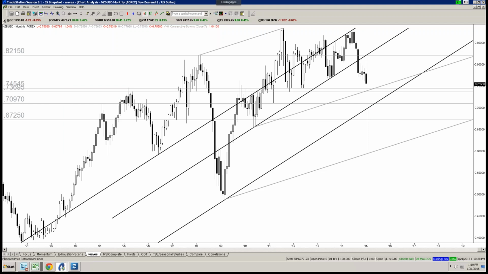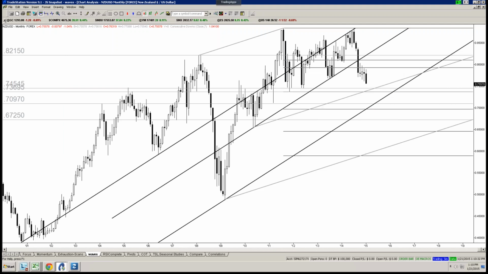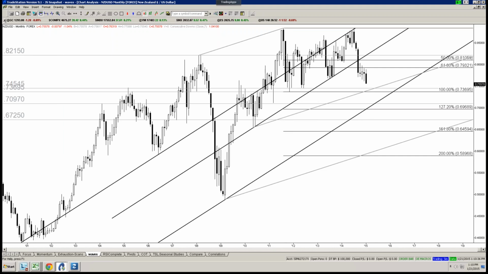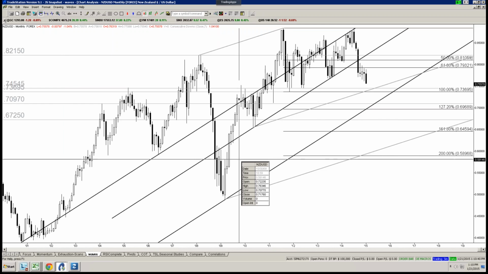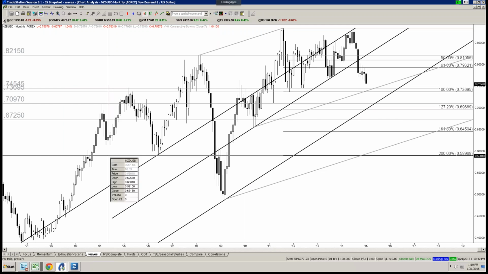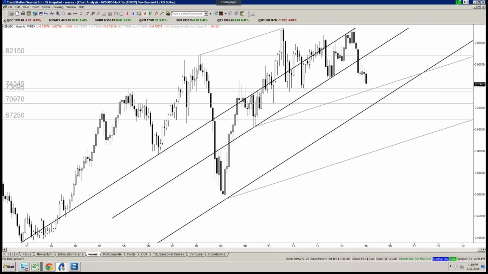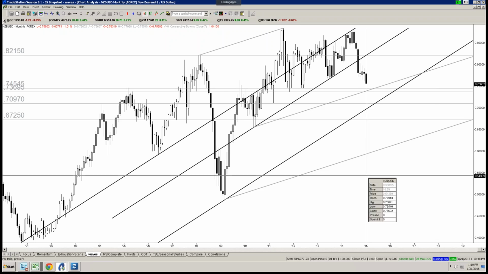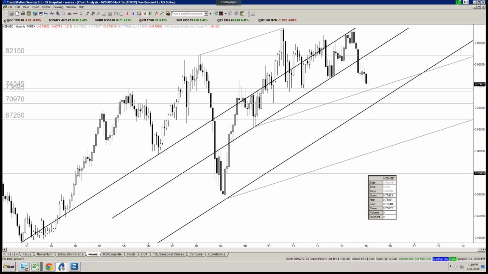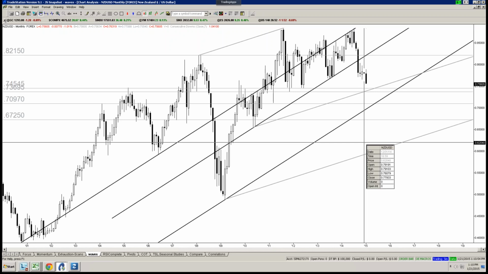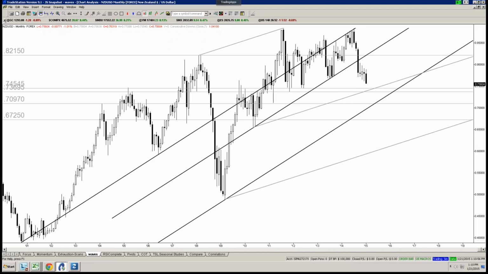Now, what happens after that, if we break 73.70, that makes a huge double top with the 2011-2014 highs, and the target for that is all the way down at about 59, which happens to be pretty close to the 2004 low and the 2006 low as well. Not going to worry too much about that at the moment. We're going to worry about the near term, and I'm going to show you some stuff about how to get involved with this breakdown trade if you're not already in it.